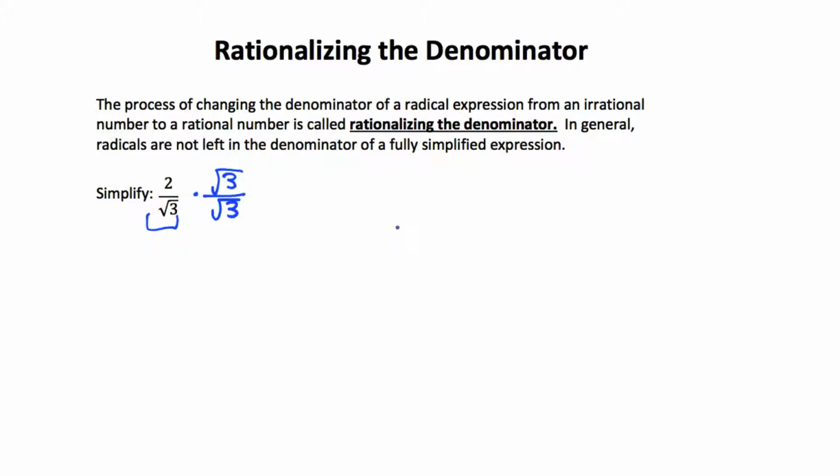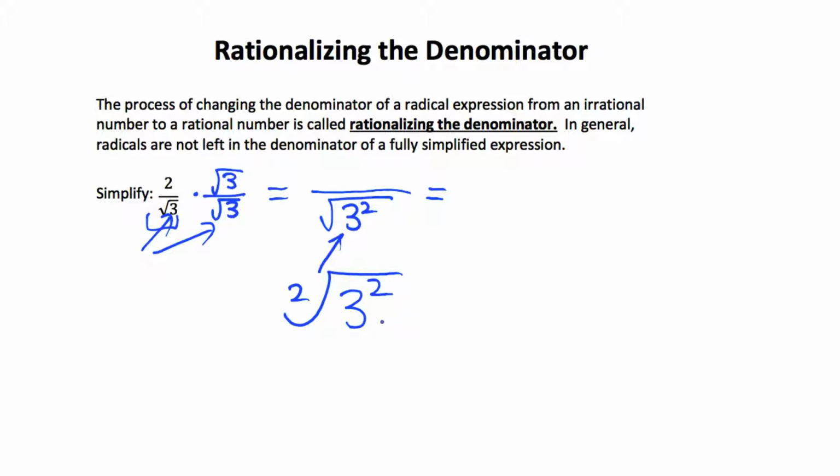Now you might say, well, why did I choose the square root of 3? I took this square root of 3 and decided to repeat it because if I multiply across in my denominators, I'm going to get the square root of 3 squared. And this, I know, is my inverse property. The square root of 3 squared will be 3, a rational number.